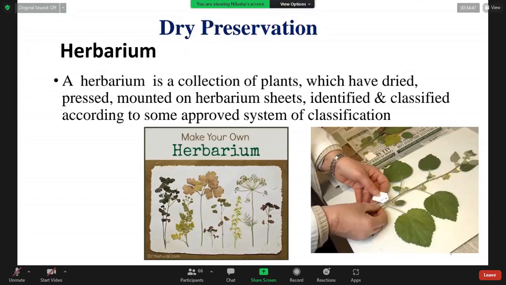It is kind of like a book. First, you have to collect the plant specimen and follow some steps: drying, pressing, mounting, and finally you have to label and classify. Is it understood?